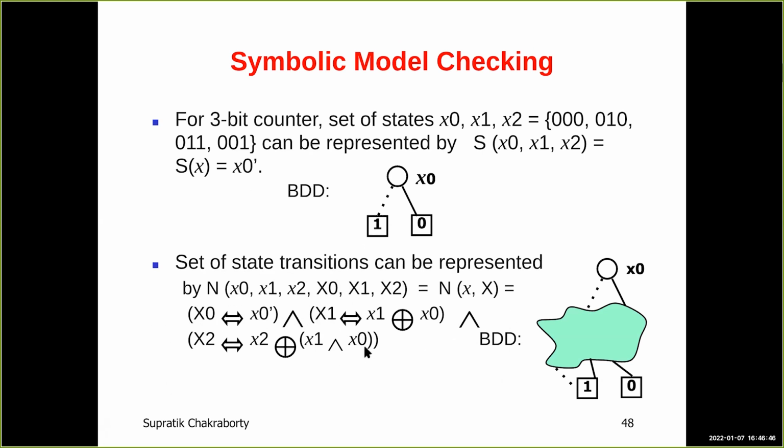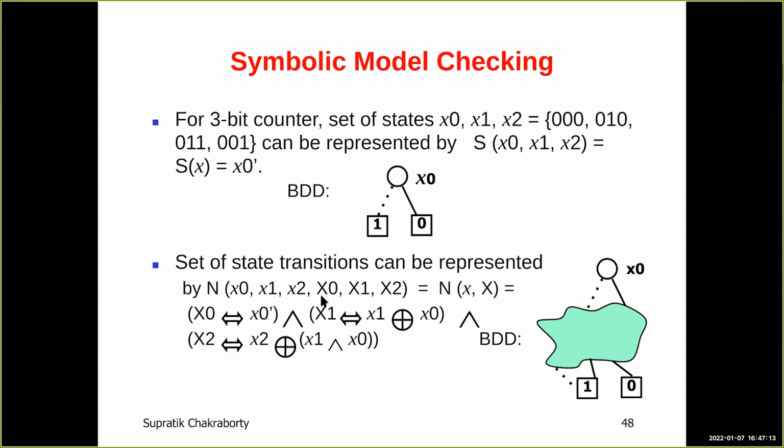Now, if it satisfies this formula, it actually means it is satisfying the next state equations that we had written, which means from the values given by the lowercase letters, the state can actually transition to the values given by the uppercase letters. So this is once again another way in which you can represent a set of state transitions in this case. Earlier it was a set of states.